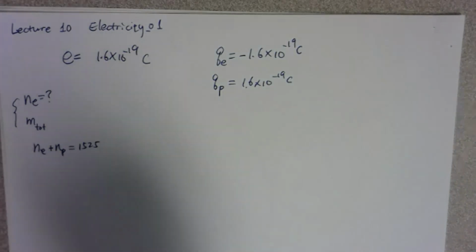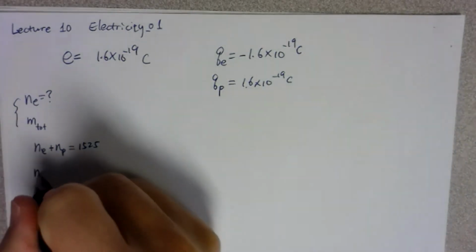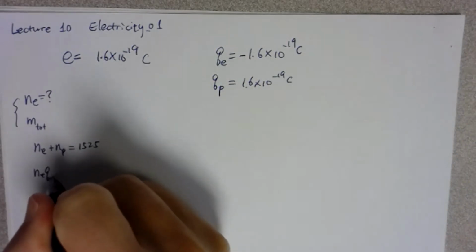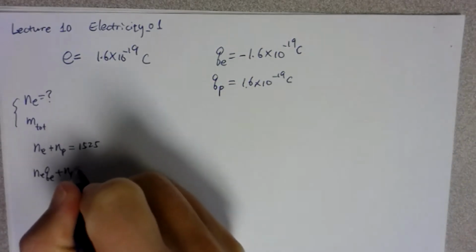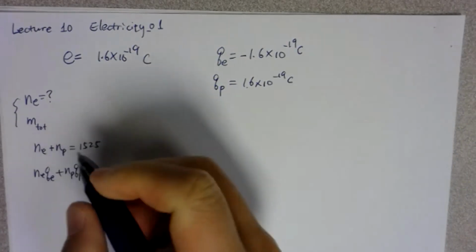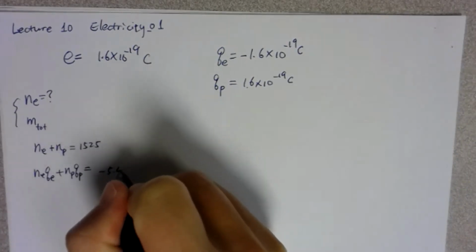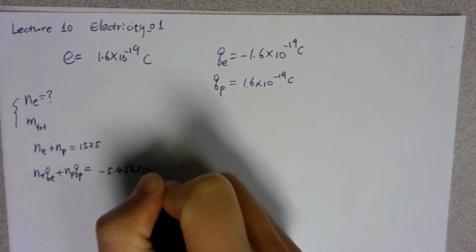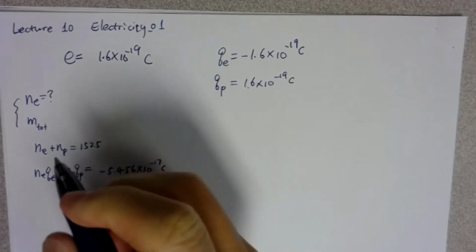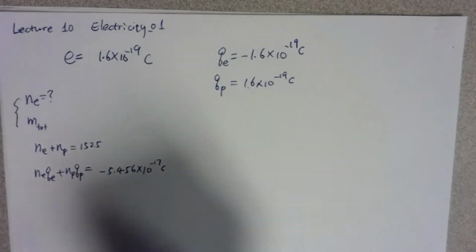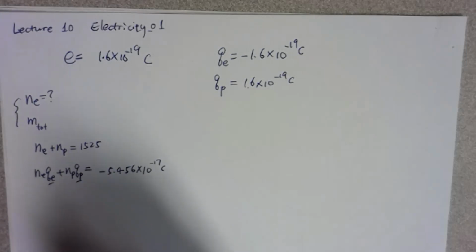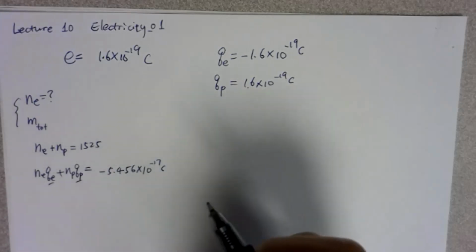So the net charge should be equal to N_E Q_E plus N_P Q_P, which equals minus 5.456 times 10 to the minus 17 coulombs. Q_E and Q_P, one negative and one positive, have magnitude 1.6 times 10 to the minus 19.